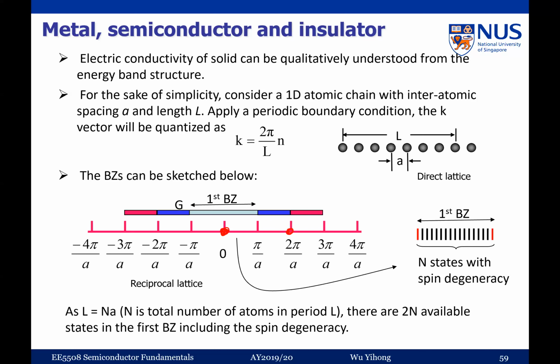These are the reciprocal lattice points, right? Because the fundamental translation vector of the reciprocal lattice should be 2 pi over A, because the periodicity of the real lattice is A, right? I forgot to put it here. So these red dots are basically reciprocal lattice points, right?